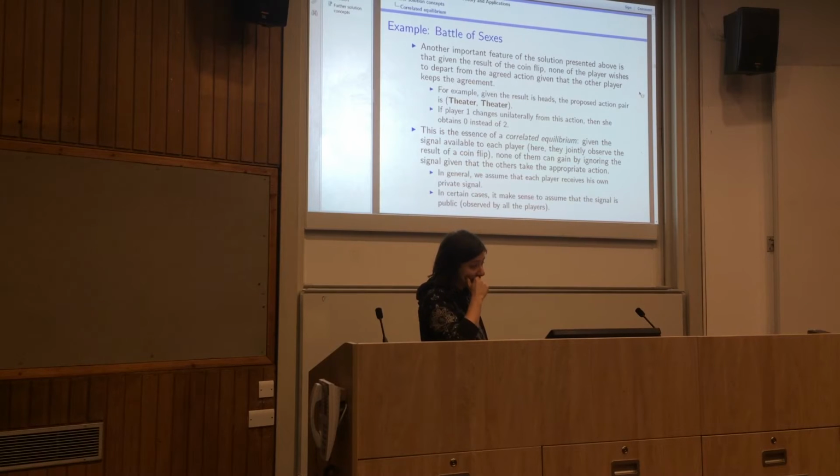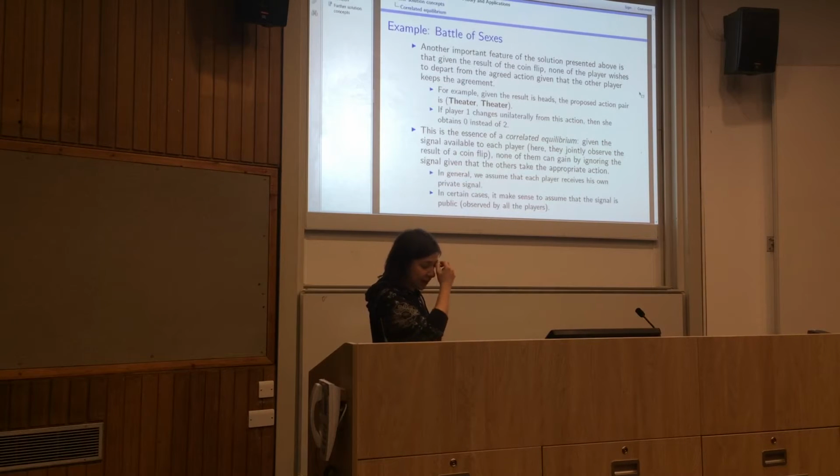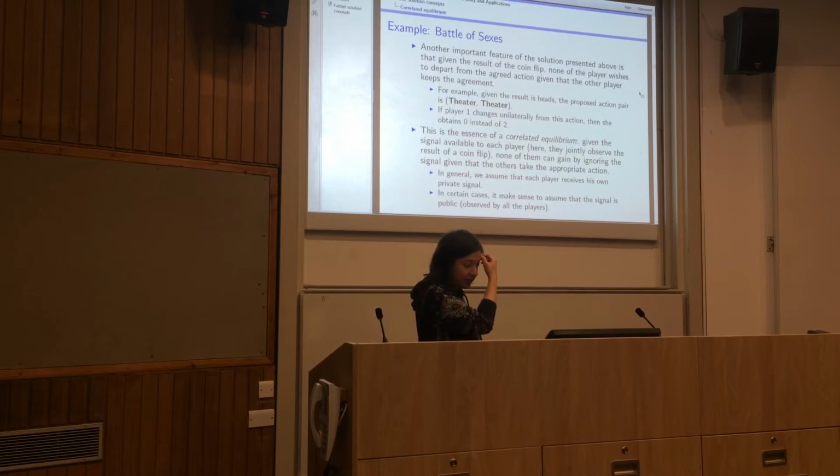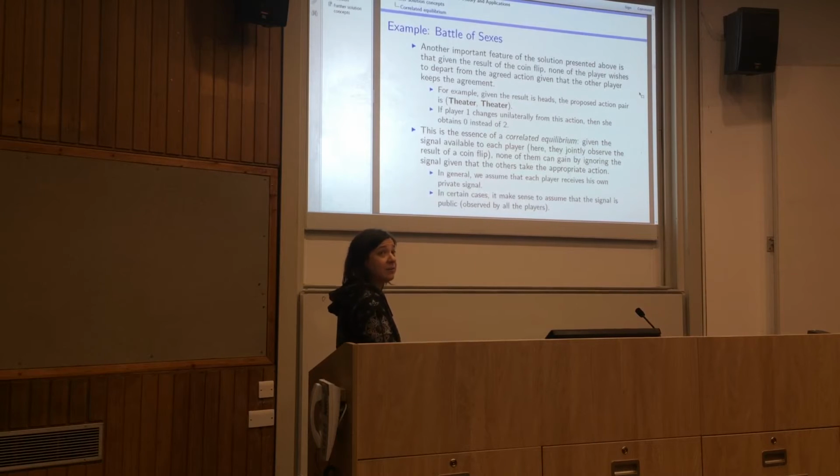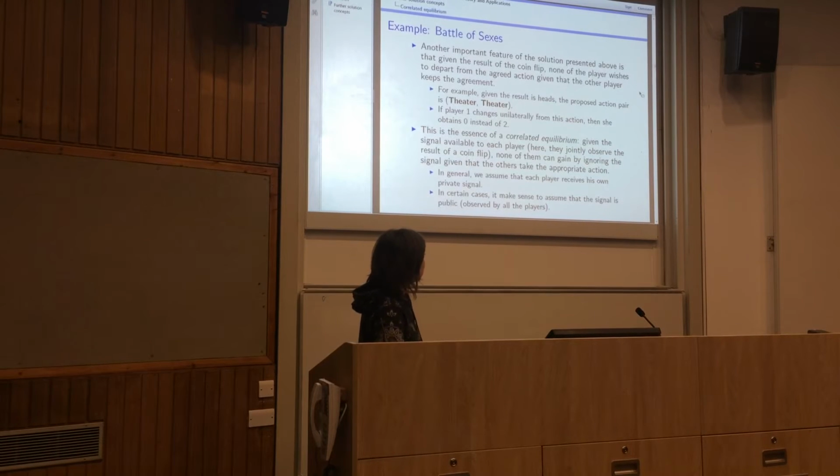So the essence of this concept is that each one of the players gets a signal, some advice from the mediator about which joint action to play, and none of them can gain by ignoring this advice and deviating from the strategies.